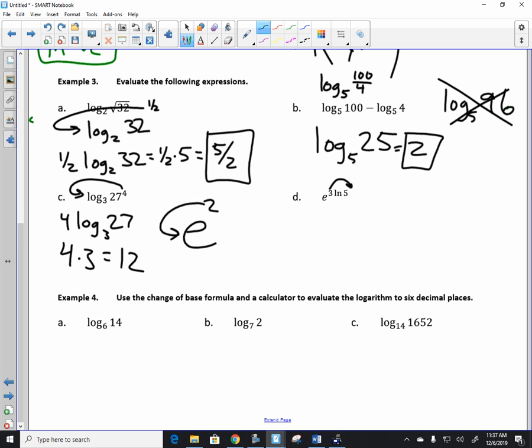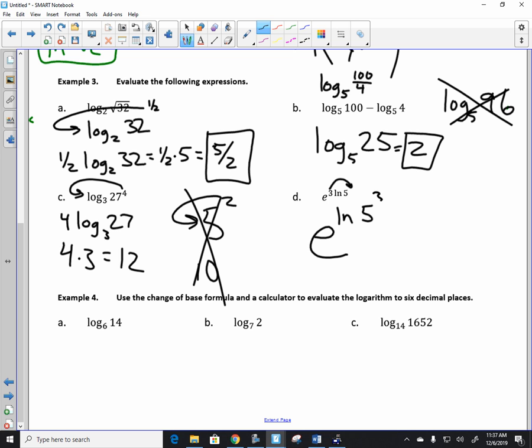It doesn't work like that. Next time you do 5 squared, you can't be like, well, drop the 2 in front, we get 10. You can't do that, right? It's called voodoo math. What I do is I go e to the natural log of 5 cubed. Well, hey, somebody told me something yesterday about e and natural log. They're inverses, so they cancel out, leaving you with 125.